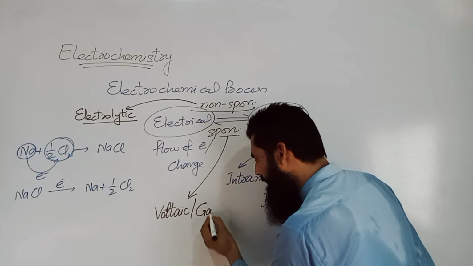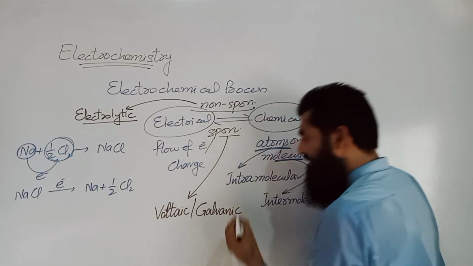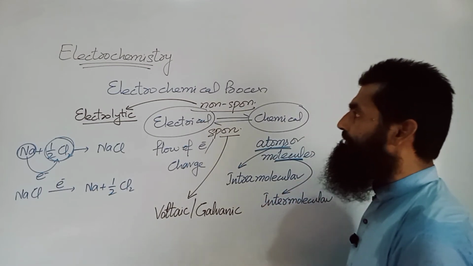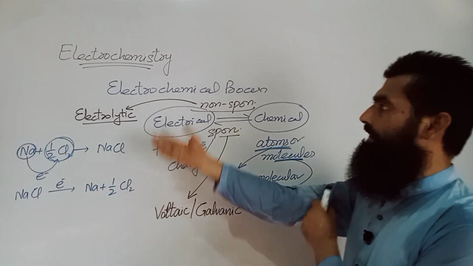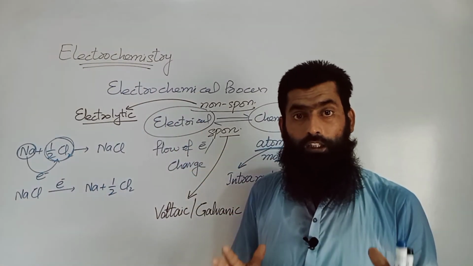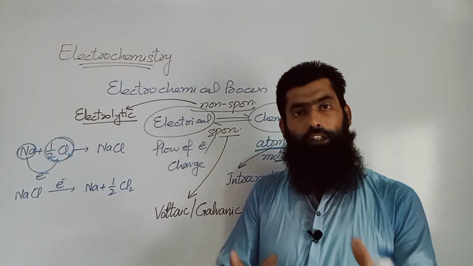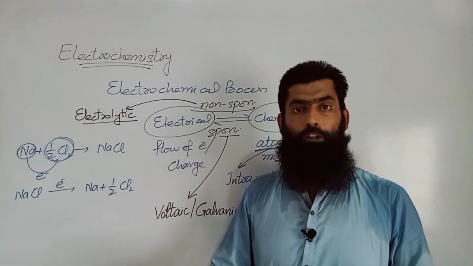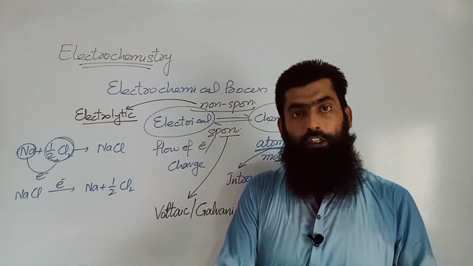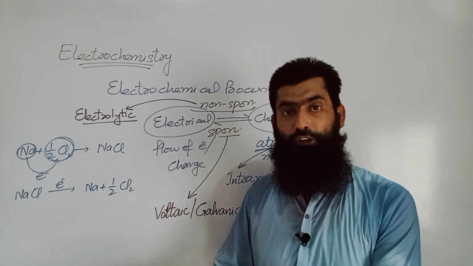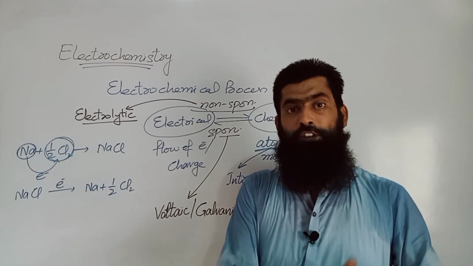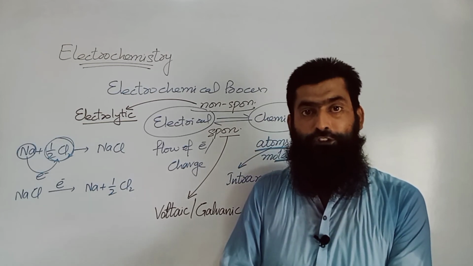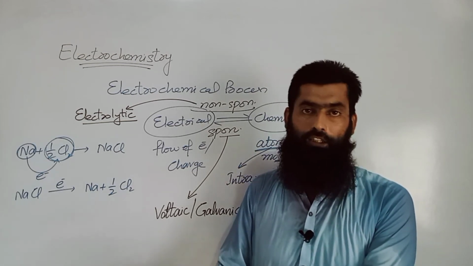These two kinds of cells can be taken as subtypes of the electrochemical cell. The electrochemical process occurs in the electrochemical cell, and there are two types of electrochemical process, the spontaneous process and the non-spontaneous process. The spontaneous process occurs in the galvanic cell, whereas the non-spontaneous process occurs in the electrolytic cell.